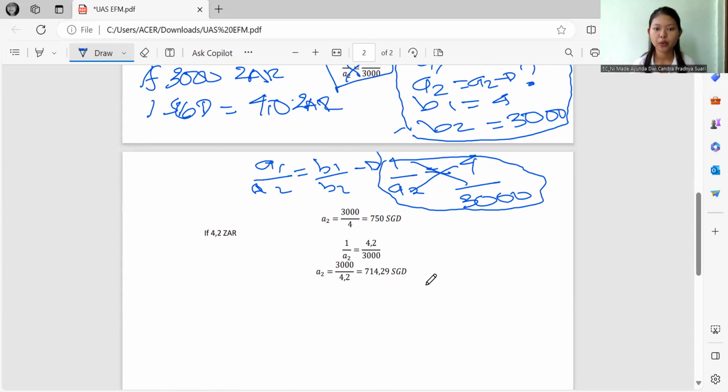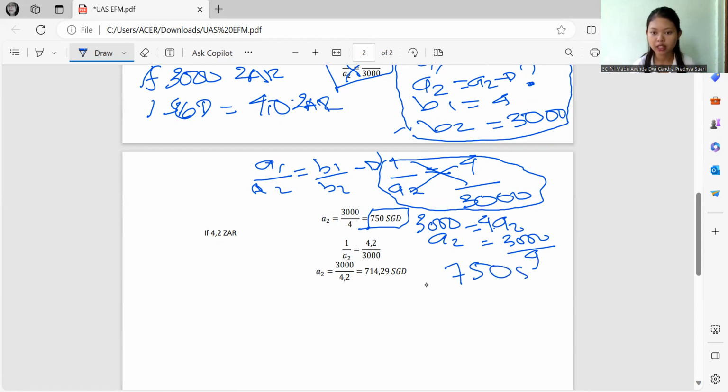So we will get 3,000 equal to A2 times 4. So A2 will be 3,000 divided by 4, and it will be 750 SGD.